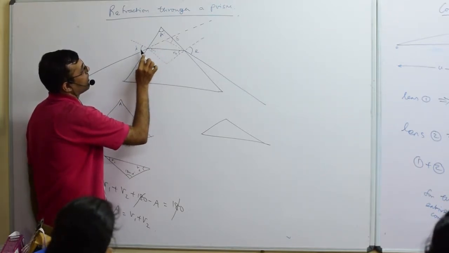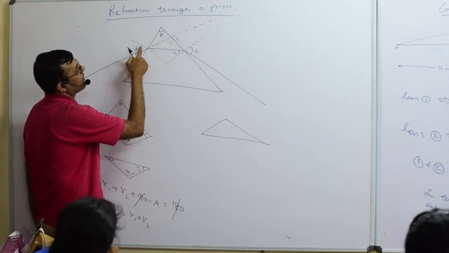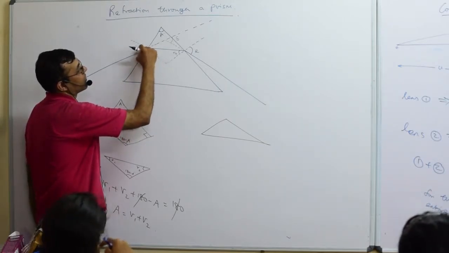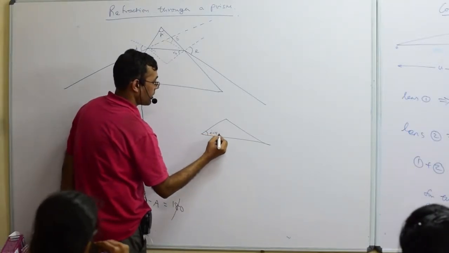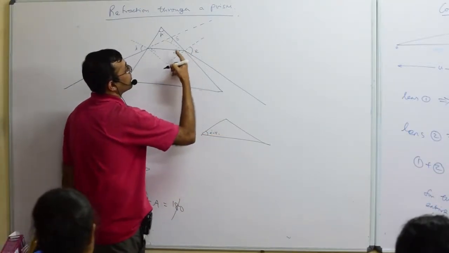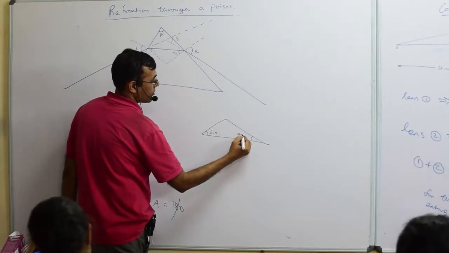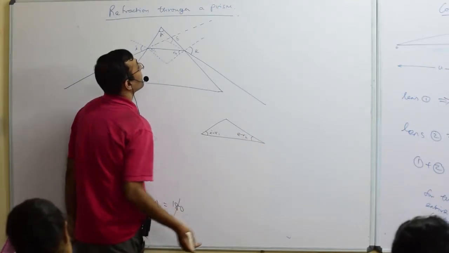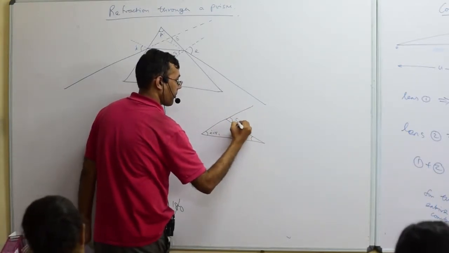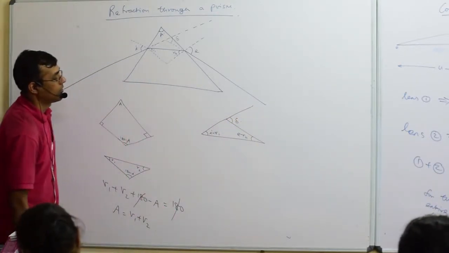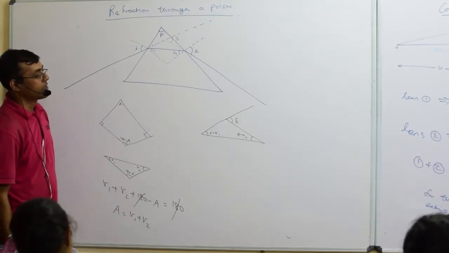Sorry, this and this. I minus R1, right? Because this is I, means this is also I. So this will be I minus R1. And similarly, this will be E minus R2. And this we said is delta, angle of deviation. What can you say about the relationship between these three things?